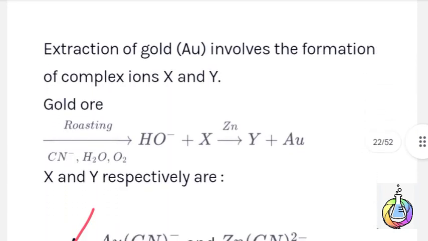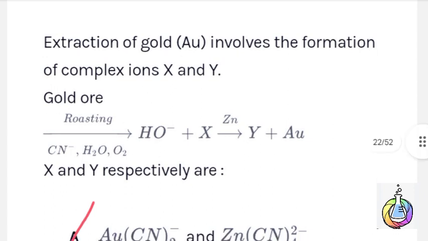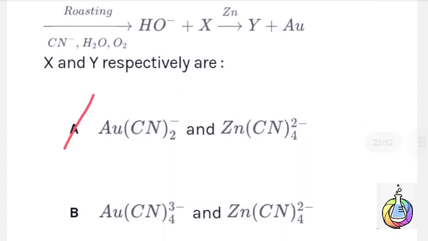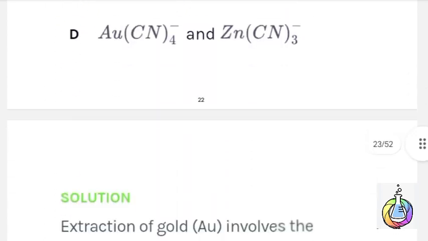Next question. Extraction of gold, Au, involves the formation of complex ions X and Y. Gold ore is extracted by roasting with CN negative, H2O and O2, which gives HO negative plus X; in the presence of zinc this gives Y plus Au. X and Y respectively are Au(CN)2 negative and Zn(CN)4 2 negative. Therefore, option A is the correct answer.